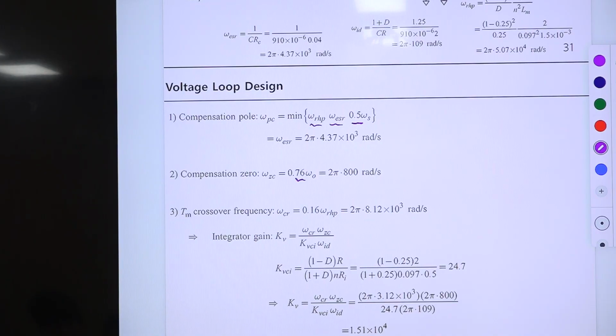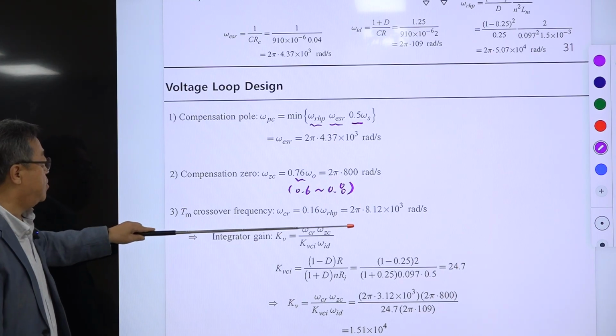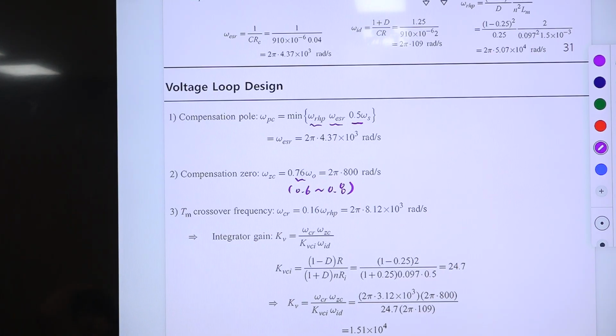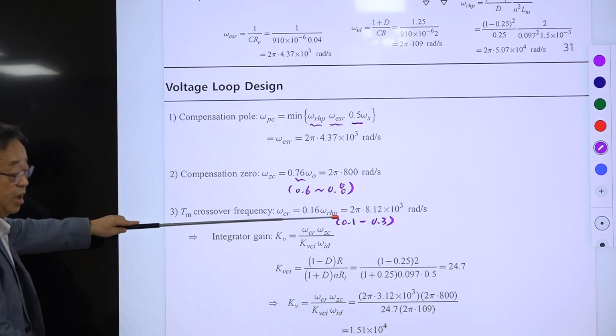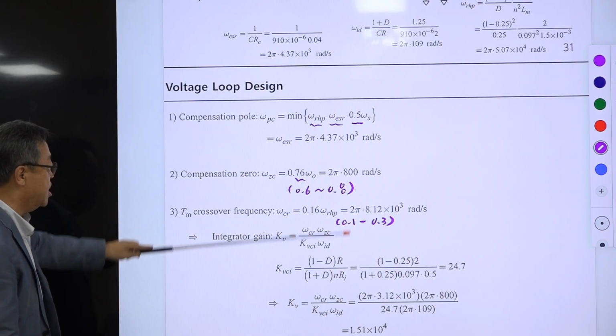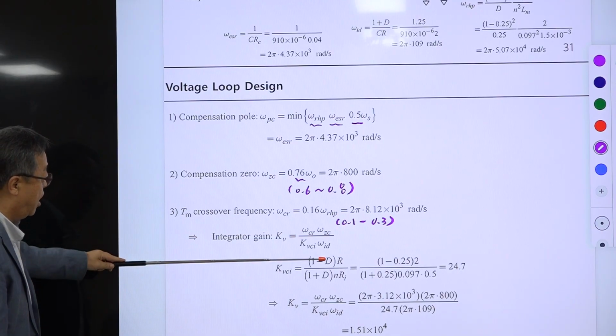Okay, my suggestion was any number between these two boundaries. So this is okay. And the TM loop gain crossover frequency omega CR, the recommendation was 0.1 to 0.3. So 0.16 is a rather conservative design. Okay, so we will have a good phase margin and integrator gain.